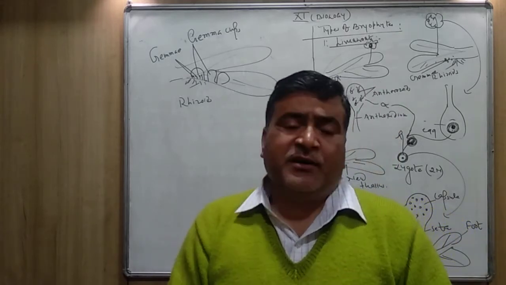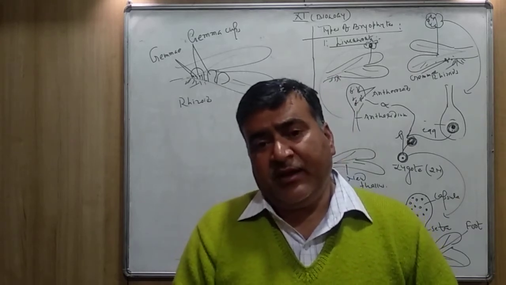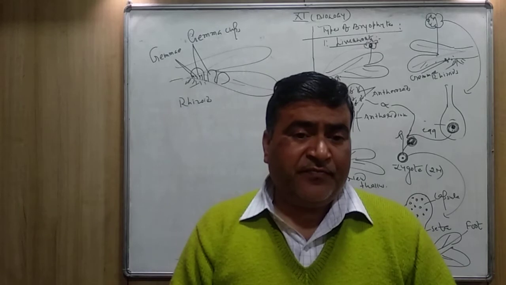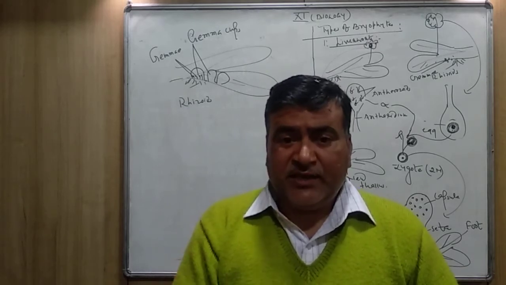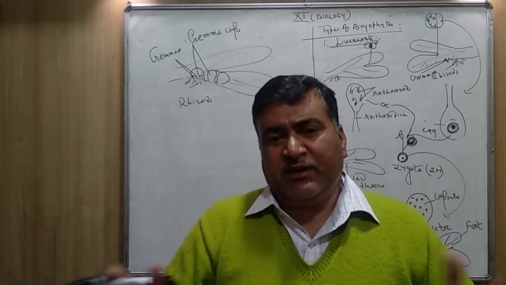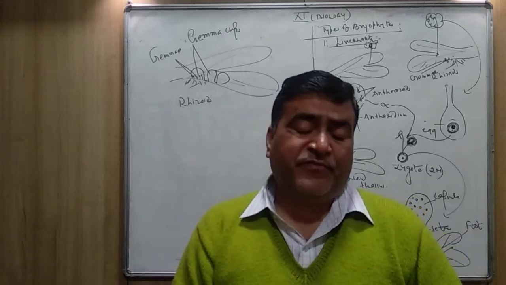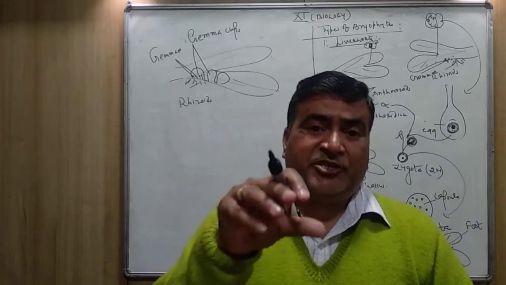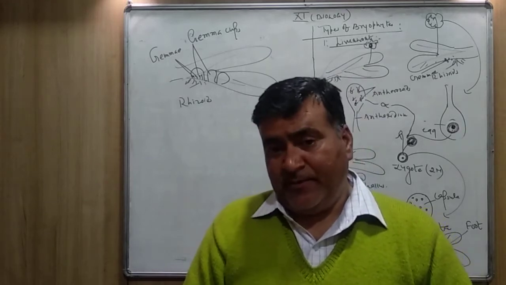Each gemma is green in structure. It is multicellular. It is just like a bud in shape or spore-like structure. And so many gemmae are present in a cup-like structure, and this cup-like structure is called the gemma cup.